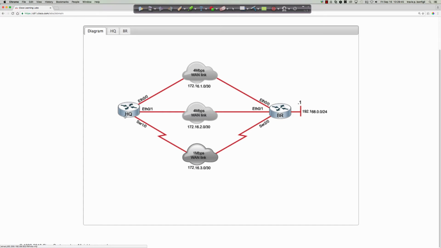When we're looking at it from the perspective of the HQ router, it is looking at the outgoing interface values, the cumulative delay and the slowest bandwidth speed. And we know that we don't want to manipulate the bandwidth because it could affect quality of service settings, and more importantly, what if other routing protocols are running across these links?